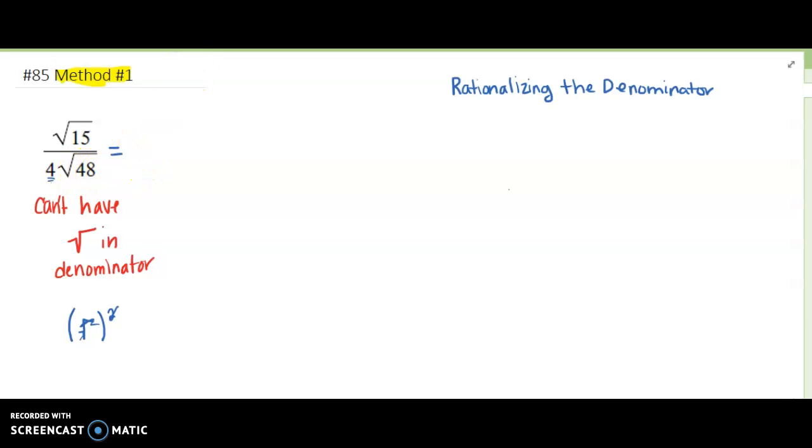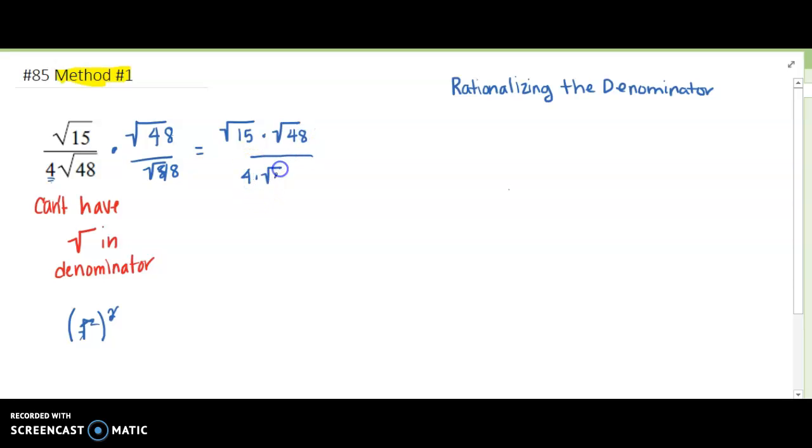If we multiply it by the square root of 48 over the square root of 48, we can do that because the square root of 48 over the square root of 48 is just 1. What we'd get is the square root of 15 times the square root of 48 over 4 times the square root of 48 times the square root of 48.